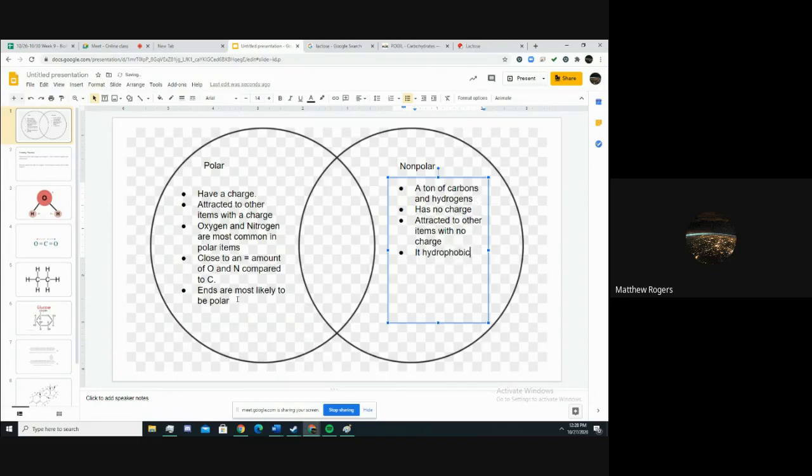Now, I forgot to put that over here. We can add this one over here. Polar things are hydrophilic. Okay. Water, obviously, is what hydro is. Phobic, I think you're familiar with phobic. Phobic means scared or has a fear of. So non-polar things are hydrophobic.